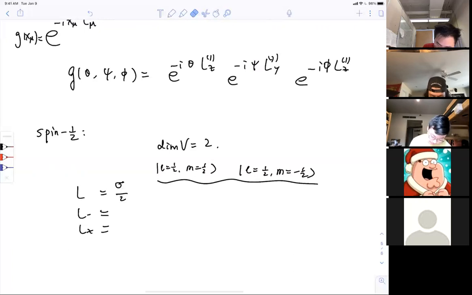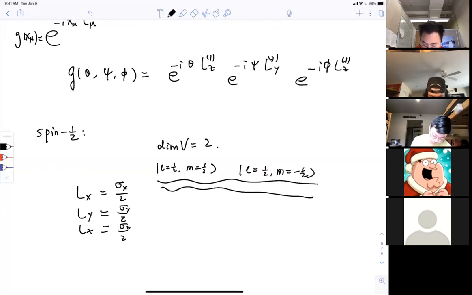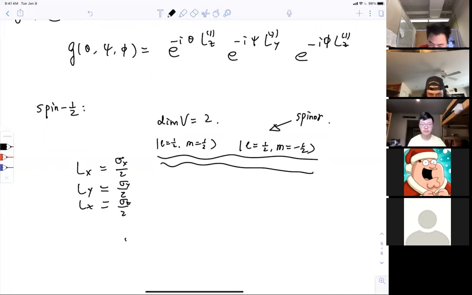By the way, the objects living in this 2-dimensional vector space we call spinors, right? And how we rotate a vector in the spinor space, in this two-dimensional space, we also know how to do it. It's just the exponential of minus i theta times the generator, something like that, right?